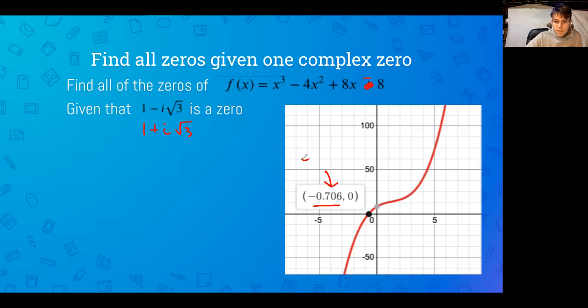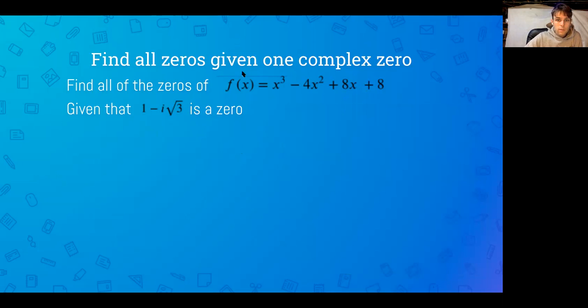For me to find this exact value, I need to do synthetic division with these complex answers. So I'm going to go ahead and do that. It's going to be pretty detailed, a lot going on here. Okay, so let's see what we got here. Again, I'm going to change this. This is a minus. I made that mistake when I was copying this problem out.